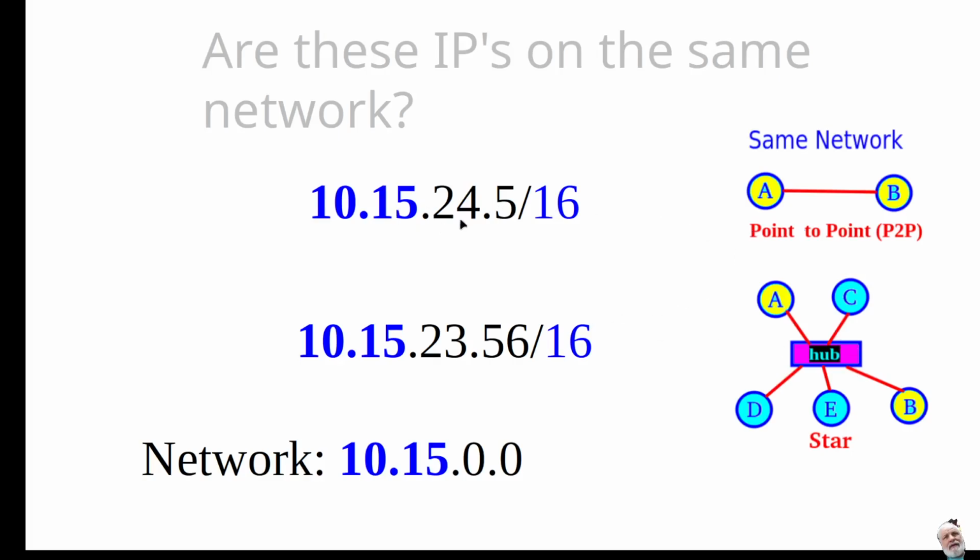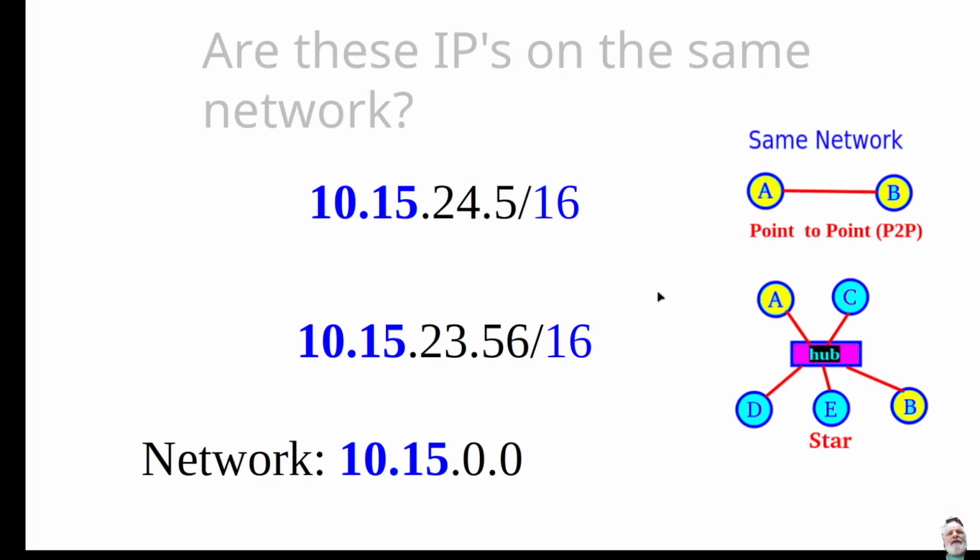If we use a /16 here, then we're saying the first 2 numbers, 10.15, is the network, and the other 2 octets, 24.5, is the host. So 10.15 and 10.15 is the same network, and these devices could use a crossover cable to talk to each other directly, or they could be connected into a hub with straight through cables and talk to each other.